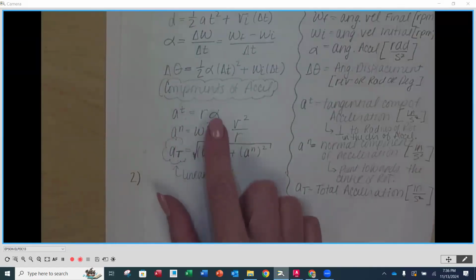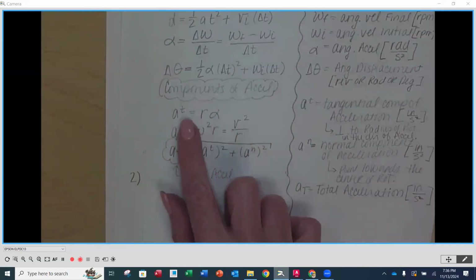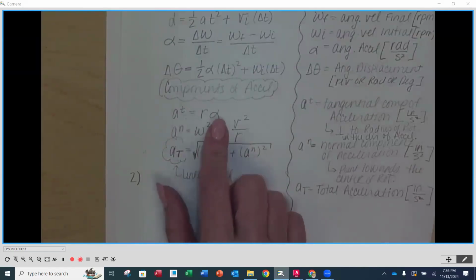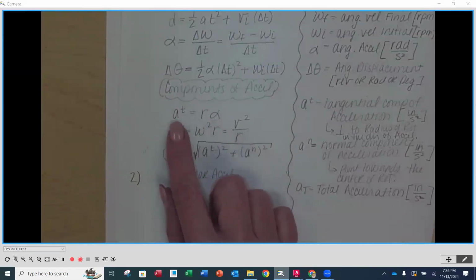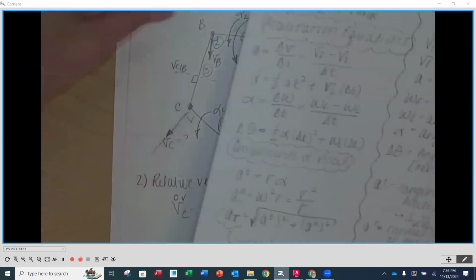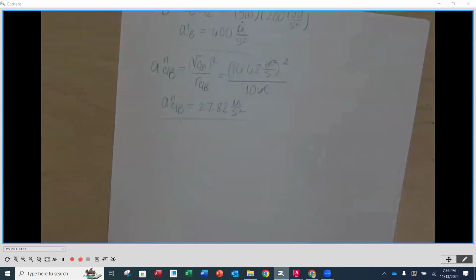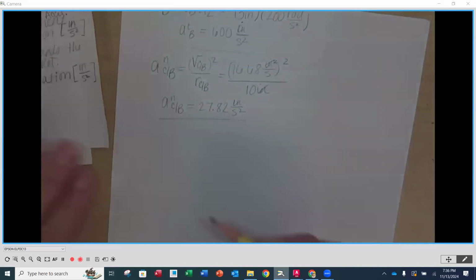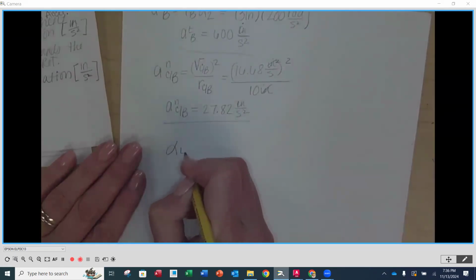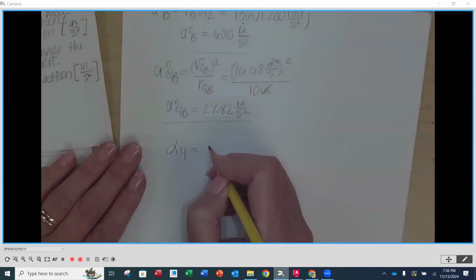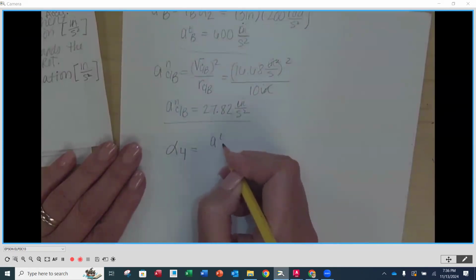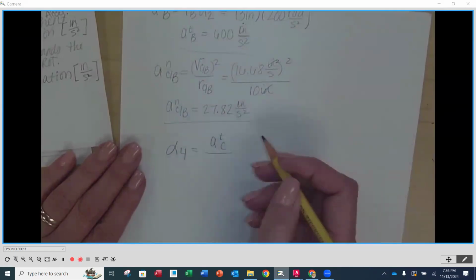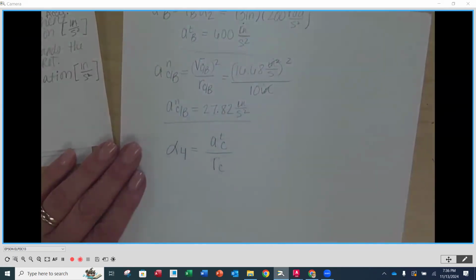You'll notice that angular acceleration is for the tangential component, right? So that means that to solve for the angular acceleration of link number 4, we're going to need the tangential component at C, right? So let me go back over here. And I know that my angular acceleration of link number 4 is going to be equal to the tangential acceleration at C divided by the radius to C.